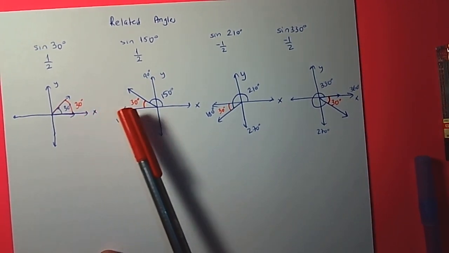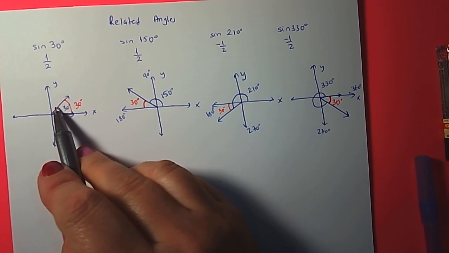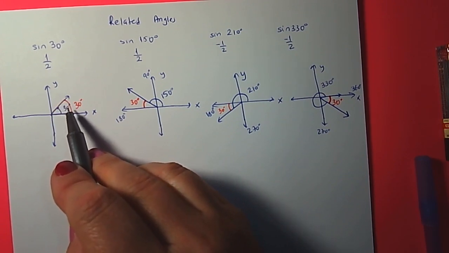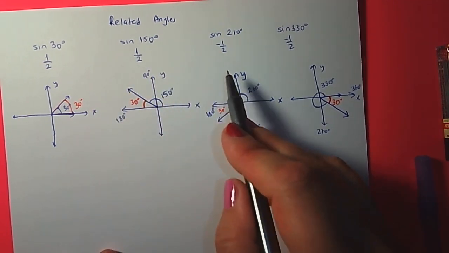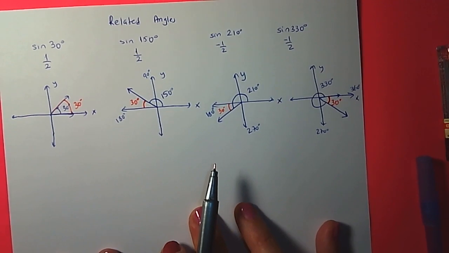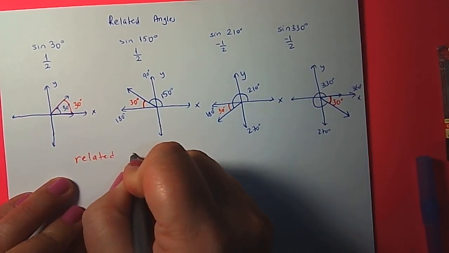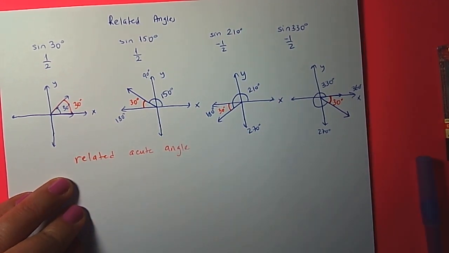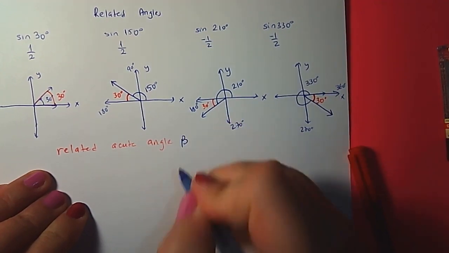When you look at all those diagrams, you see that the angle between the terminal arm and the closest axis is the same for all of those angles. That angle is called the related acute angle, and we usually represent it with the symbol beta.